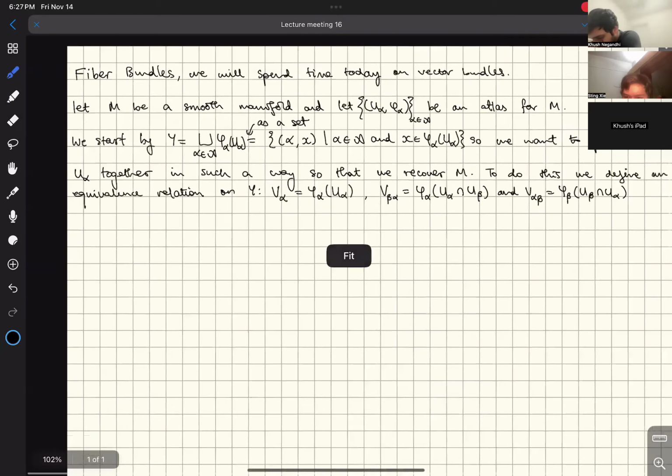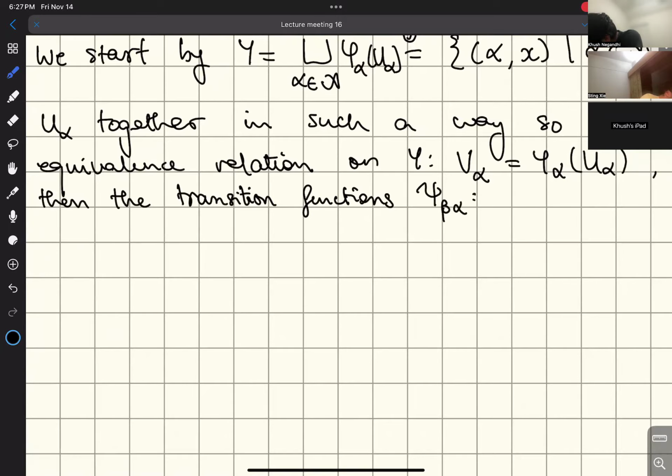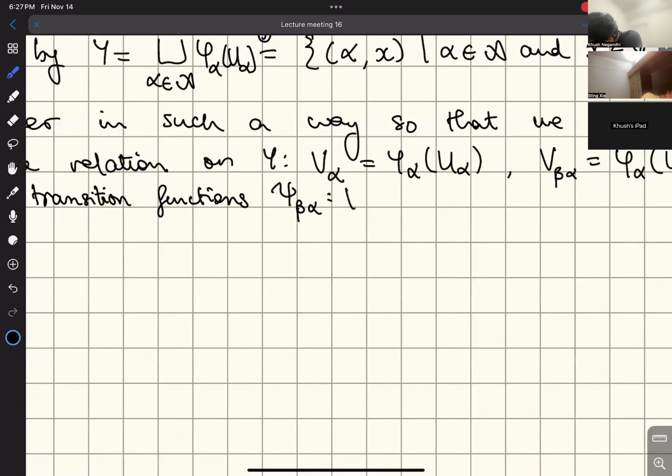Then the transition functions psi beta alpha go from V beta alpha into V alpha beta.